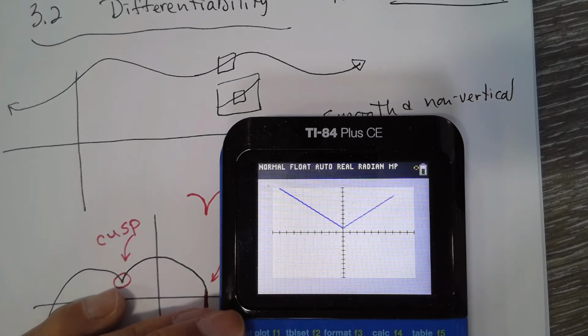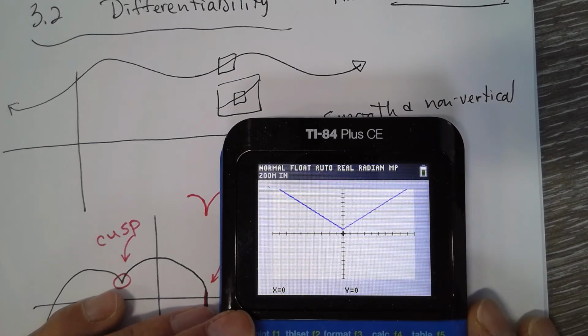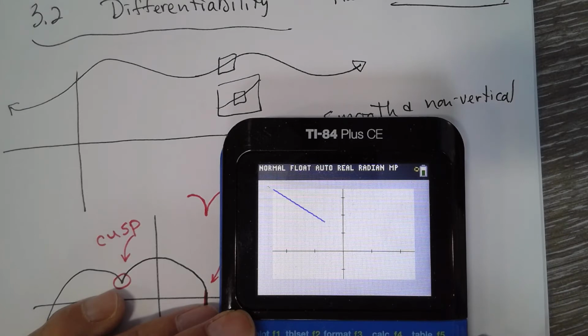It looks like absolute value of x plus 1. So let's see if I zoom in. Okay, so it really does look like absolute value of x plus 1. But I'm going to zoom in a couple more times here. It looks like it's starting to flatten out a little bit.